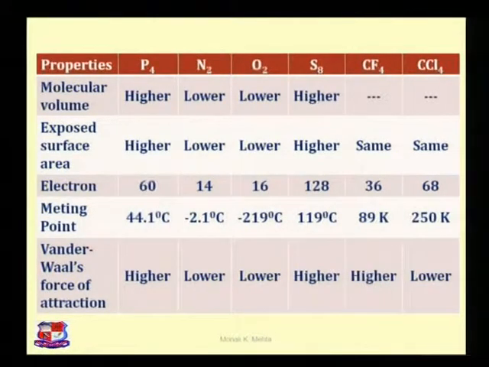The surface area of carbon tetrafluoride and carbon tetrachloride is almost the same, but the electrons in carbon tetrafluoride are only 36, whereas in carbon tetrachloride there are 68. The melting point of carbon tetrafluoride is 89 Kelvin, whereas the melting point of carbon tetrachloride is 250 Kelvin. So, the Van der Waals force of attraction in carbon tetrachloride is higher than in carbon tetrafluoride.